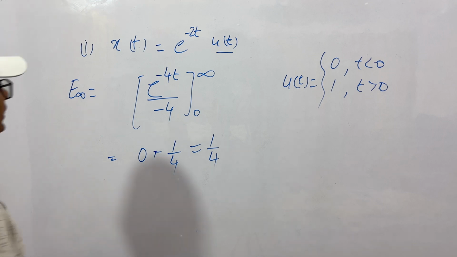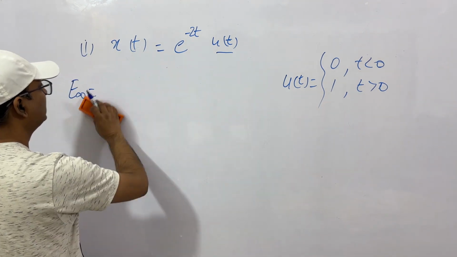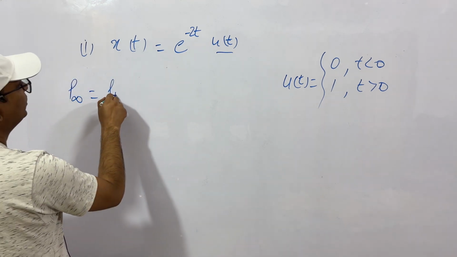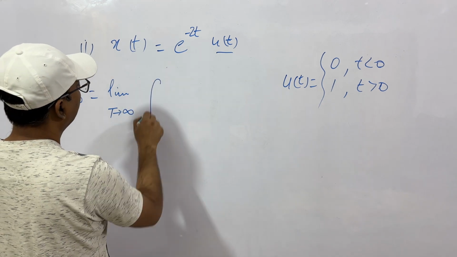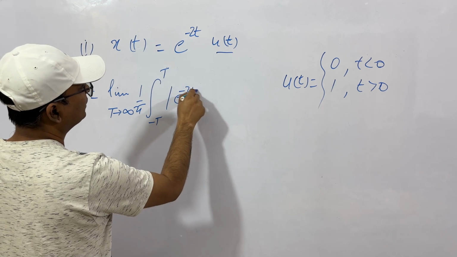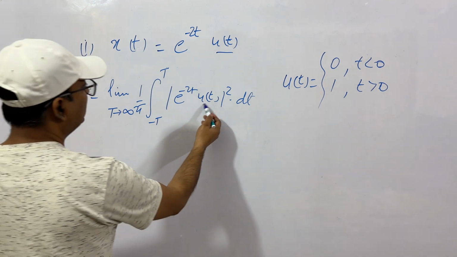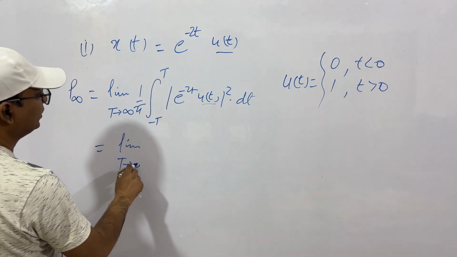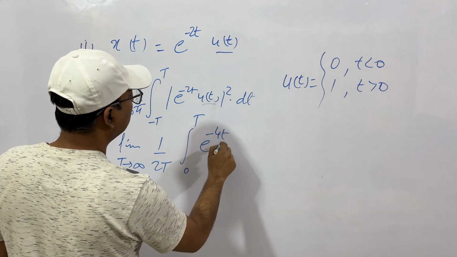Now let's see what is P infinity, that is power, the average power. You know, it is the limit t tending to infinity of 1 by 2t, integral from minus t to t, again this same thing. The u(t) will make it 0 to t, and this can be reduced to 1 by 2t times the integral from 0 to t of e to the power minus 4t dt.